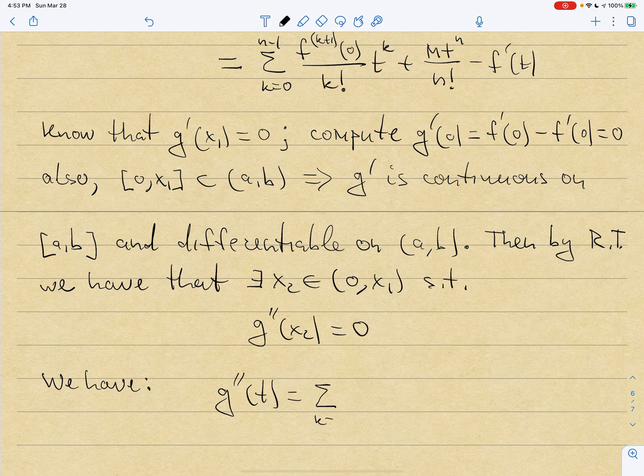So the sum from k equal to 1 to n minus 1 of f k plus 1 of 0 divided by k factorial times k t to the k minus 1, then plus m n t to the n minus 1 divided by n factorial, and minus f double prime of t.